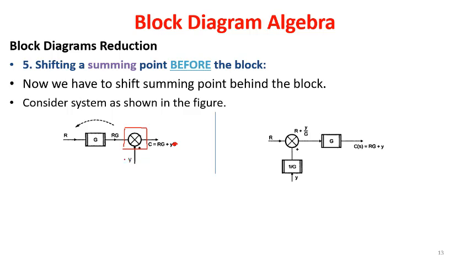So the input here will be 1 by G, the signal will be Y as it is, and the output coming here will be Y by G. It is getting summed with R. So the output from this summing point will be R plus Y divided by G, multiplied by this G. So the output will be C of S equal to Rg plus Y.